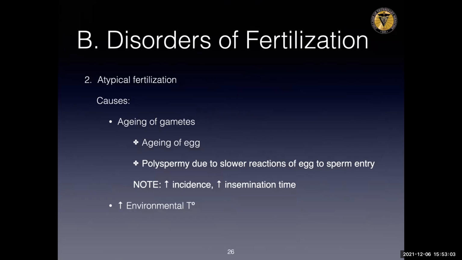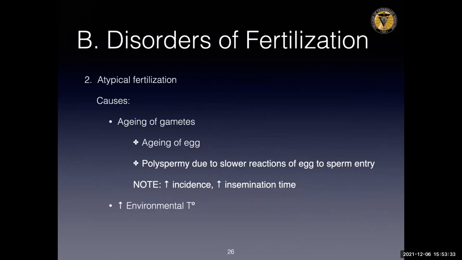A typical fertilization problem happens because of an old egg, okay? And the old egg would be coming from old animals. A consequence of this old egg would be polyspermy. The zona pellucida may not be as strong. That's why multiple sperms can penetrate it as compared to just one.